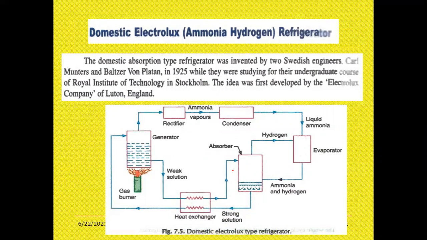Apart from that, you have a steel shell or glass type of metal for this system. Now we'll discuss the domestic Electrolux or ammonia hydrogen.